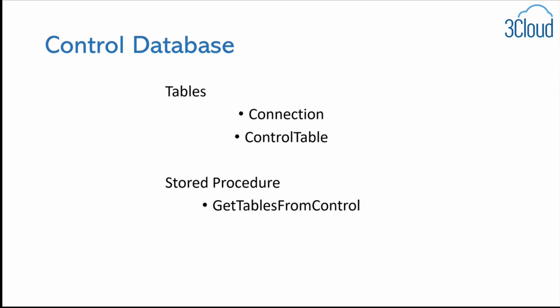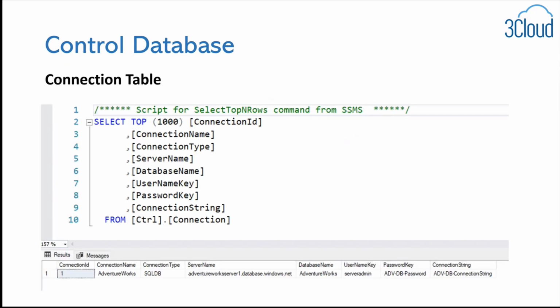And let me show you what it's like for a connections table and what we need to store in the control table. So this is the connections table I have for this example.